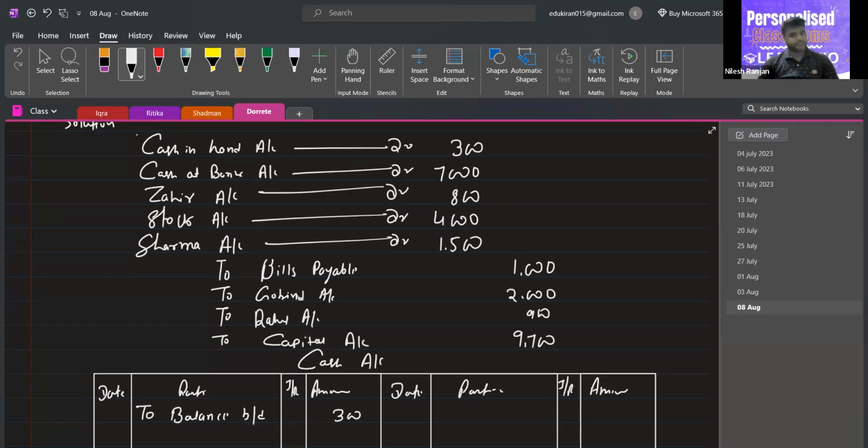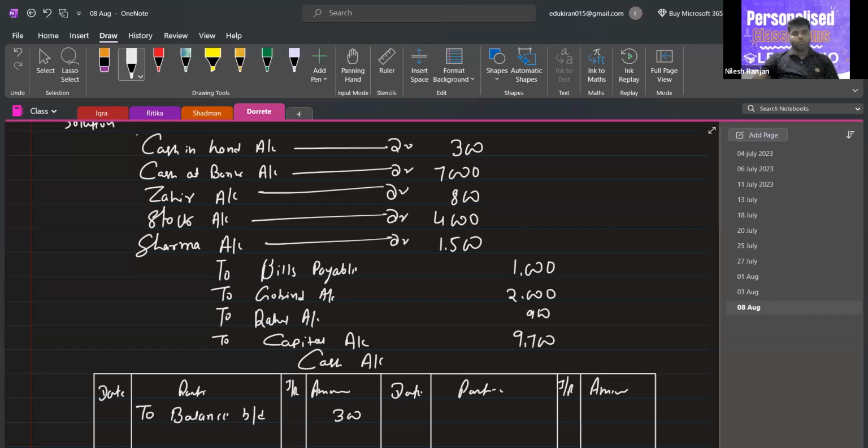Is this clear? Yes, sir. And on the debit side, it is Jahir, stock, and Sharma. So leave the stock only, and other items will be entered in ledger. These are our opening balances.